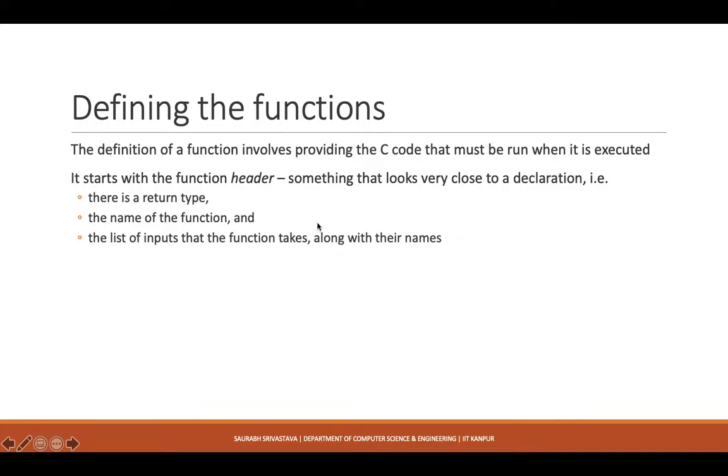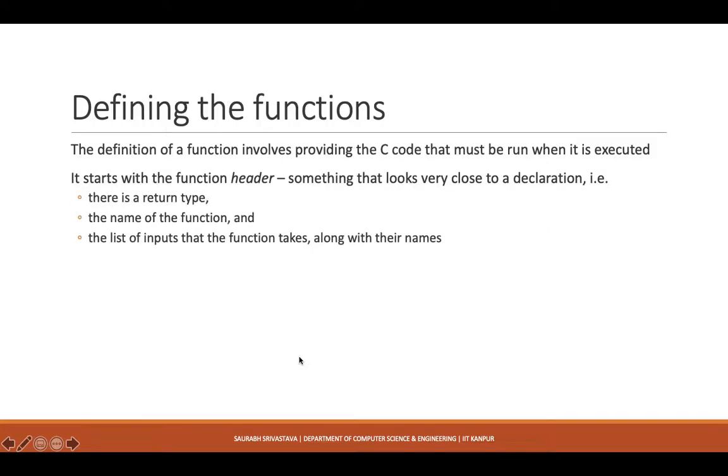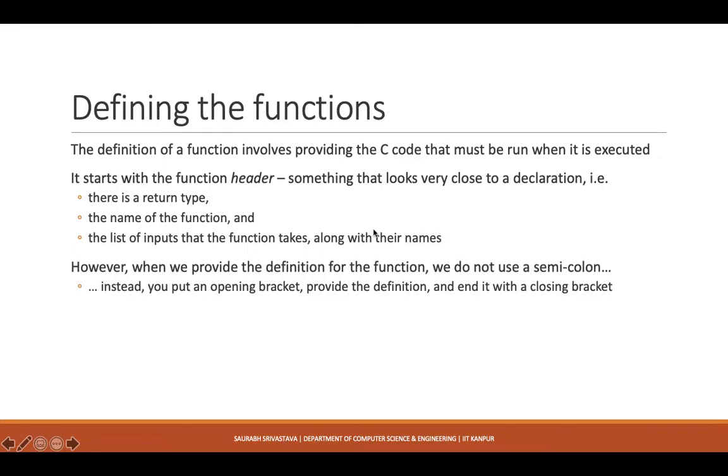So this is something that we had not done here, right? Here, during the declaration, we just mentioned that this is going to take two arguments. One is pointer to character, another one is an integer. We didn't actually give these arguments a name, but when you're defining the function, you now need to provide the name of these parameters as well.